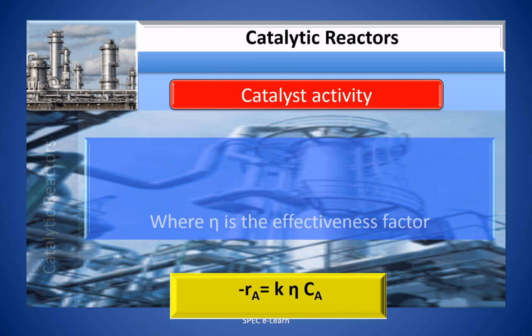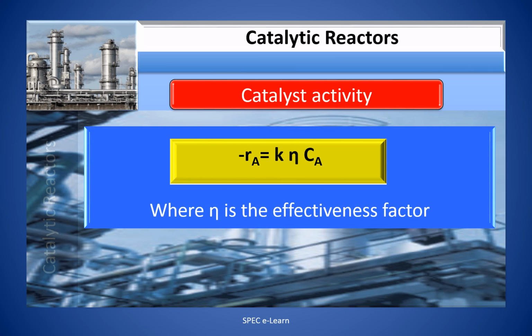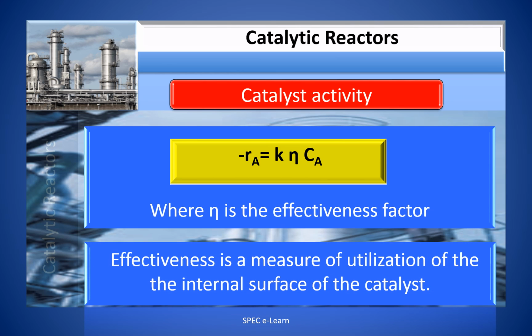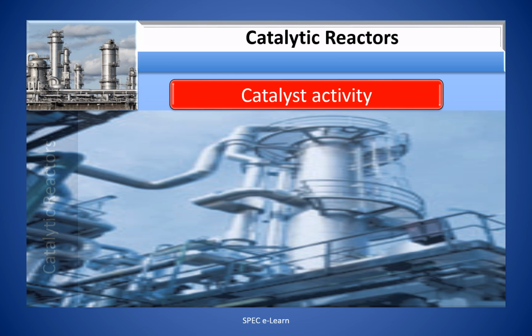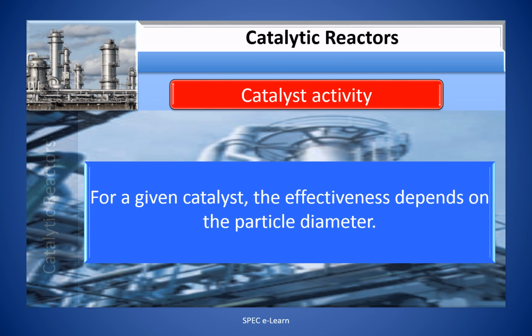The rate expression RA given here includes the effectiveness factor. Effectiveness is a measure of utilization of the internal surface of the catalyst. For a given catalyst, the effectiveness factor depends on the particle diameter.